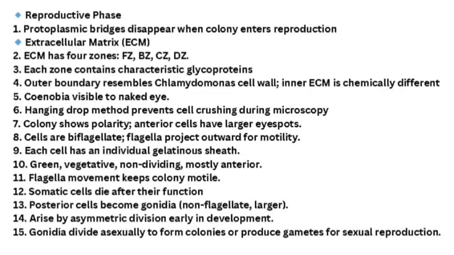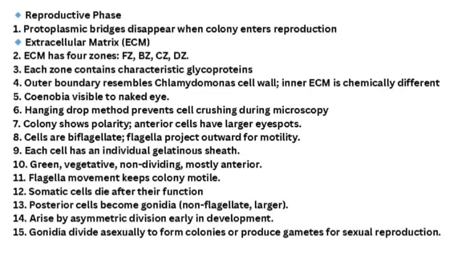It has four main zones: the flagellar zone, the boundary zone, the cellular zone, and the deep zone, each with specific glycoproteins. The outer boundary of the ECM looks quite similar to the cell wall of Chlamydomonas, while the inner part is chemically different.